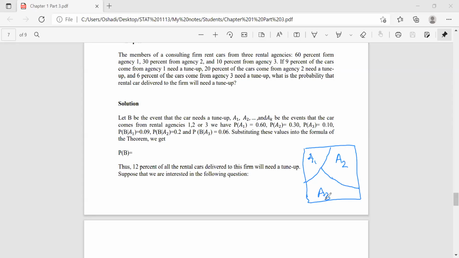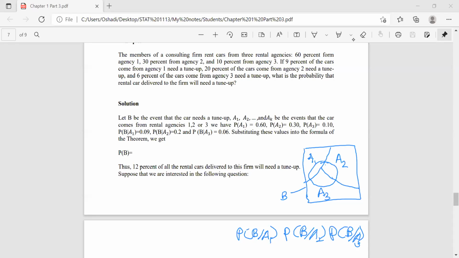And the second event is the car needs an engine tune-up, right? This is event B, the car needs a tune-up. So the conditional probabilities are given: P(B given A1), P(B given A2), and P(B given A3). That information is available, right?